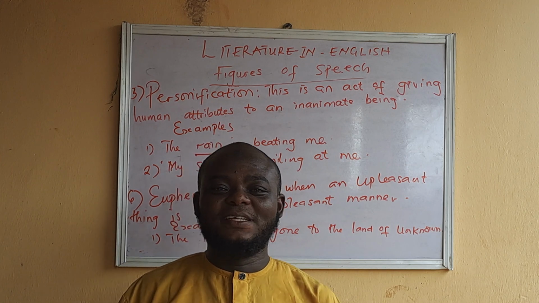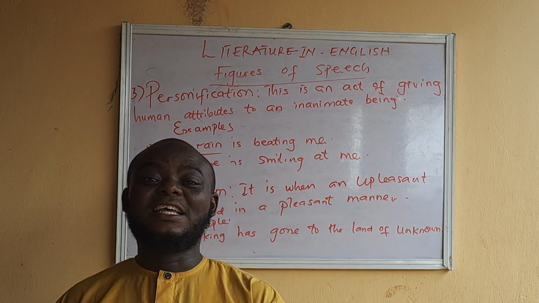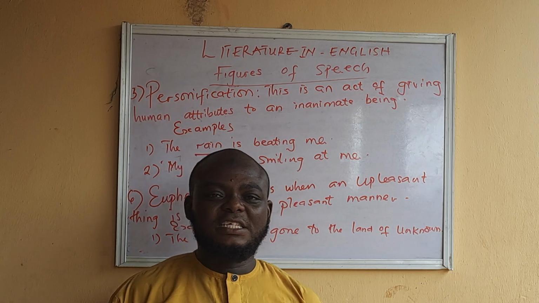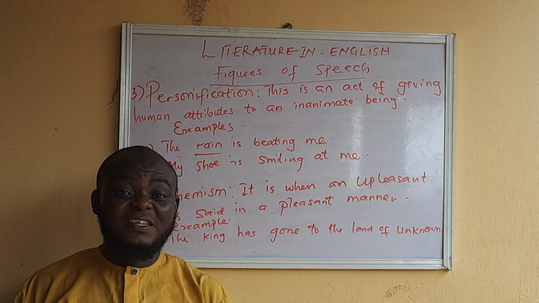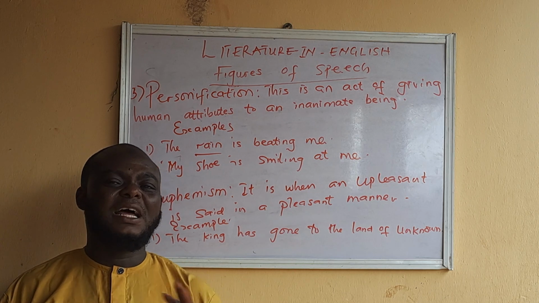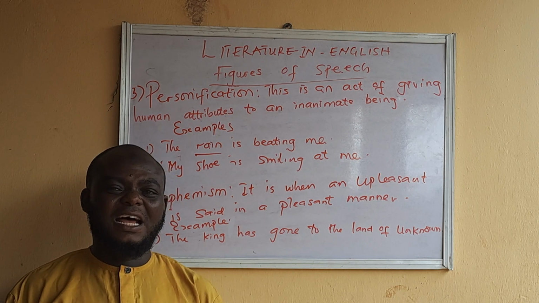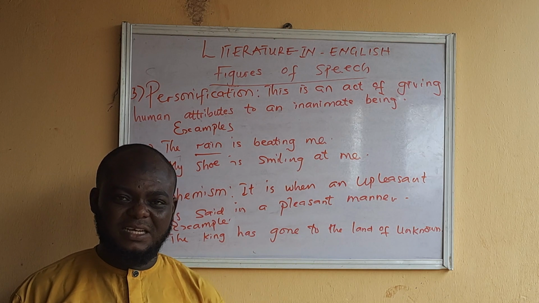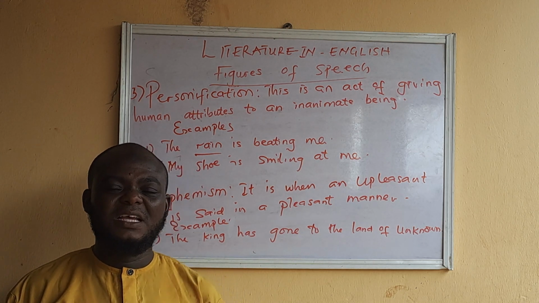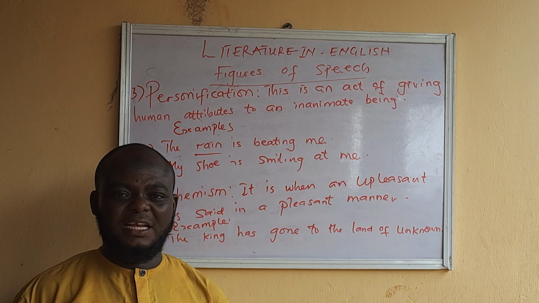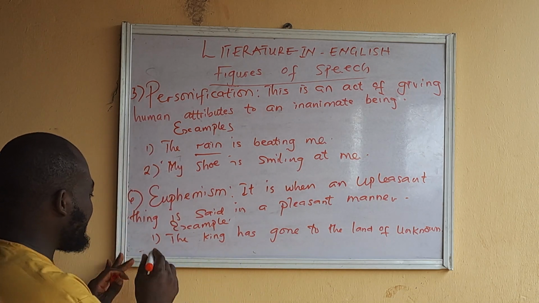No, the literal meaning is that the king is dead. So euphemism is when we are trying to say an unpleasant thing, things that has to do with sadness, in a happy way. That is when we have euphemism in literary work.